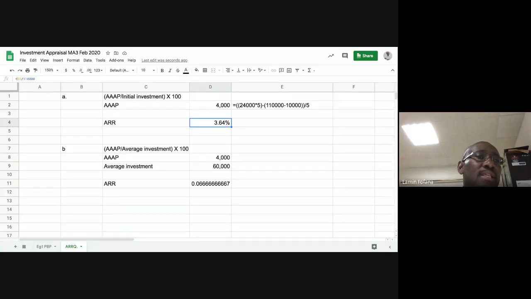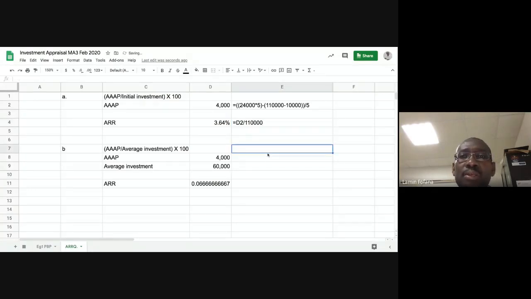Look at it. This was the function I put here. I just copied that, then replicated it here so that you can easily see it. This is what I did on this formula. So the same thing here, you do the same thing.